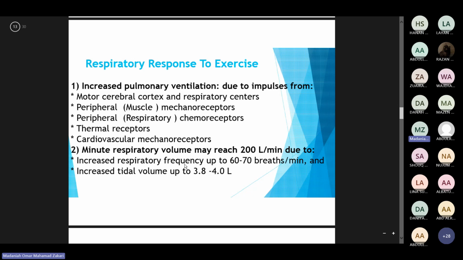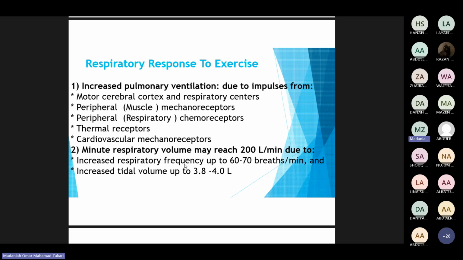Let's see some respiratory response to exercise. It increases the pulmonary ventilation, of course, due to impulses from the motor cerebral cortex and the respiratory center to the respiratory muscles through mechanoreceptors, and respiratory chemoreceptors due to the carbon dioxide and oxygen.